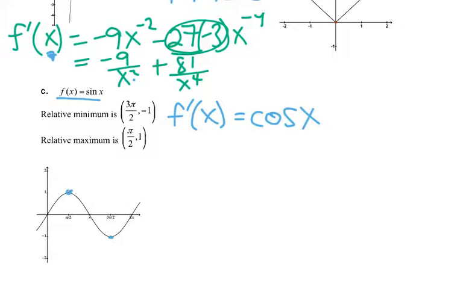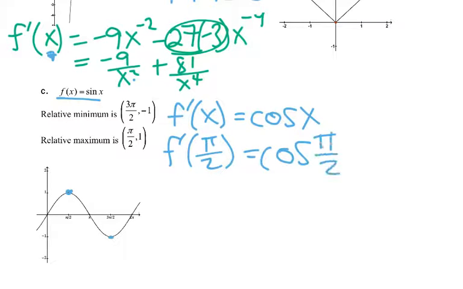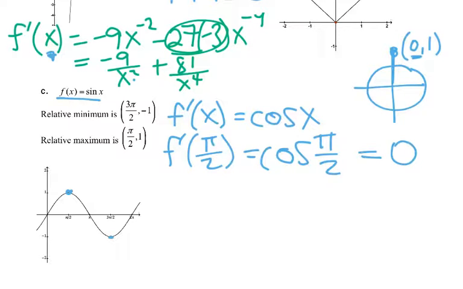So if I want to find the derivative at pi over 2, plug in pi over 2. Cosine of pi over 2 is, think about the unit circle, the x value here. The x value is 0. So cosine is 0. All right, that means the horizontal tangent, the derivative, the slope here is 0, which makes sense.